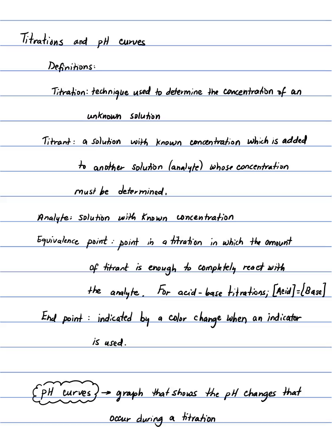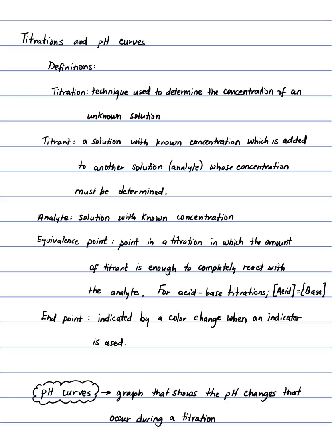So here I have just some definitions for titration. Most of them you already know. What is the titration? What is the titrant, which is the solution that you're using to do the titration? The analyte, the solution that you're titrating with the titrant. Equivalence point, this is something that we're going over in the calculations.